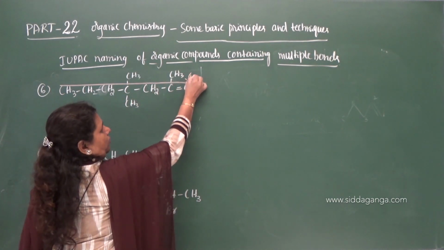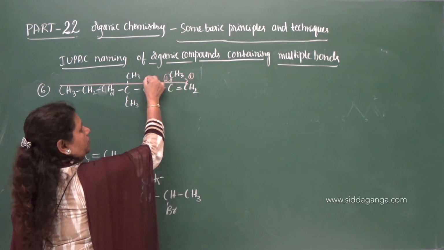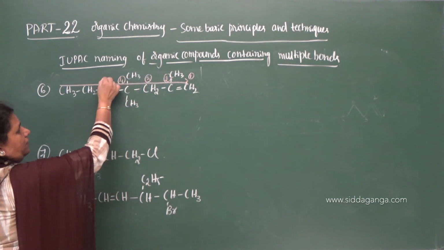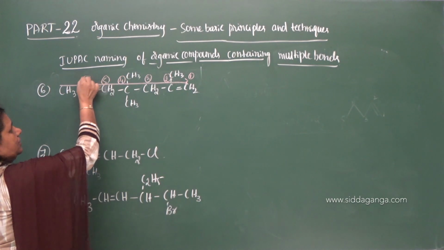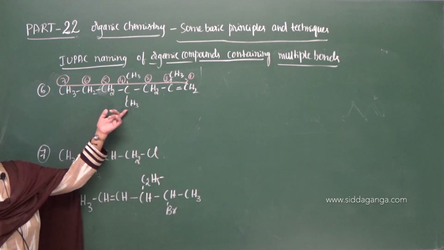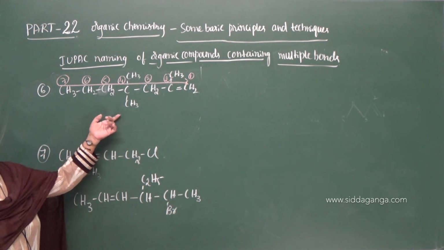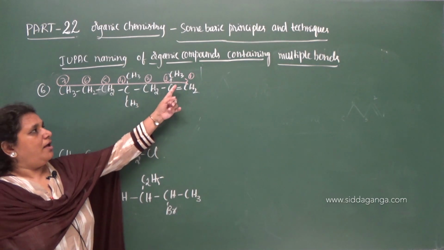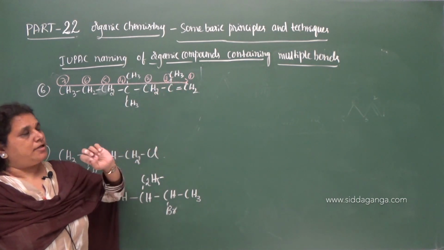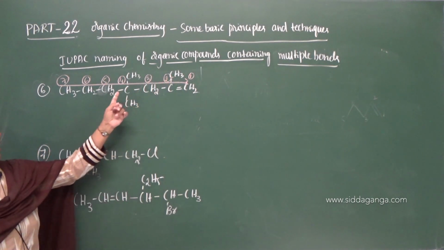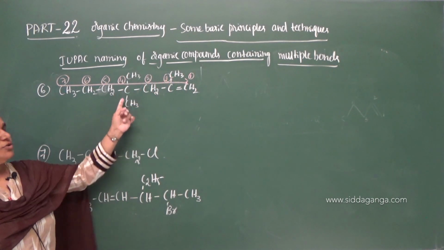You give the number 1, 2, 3 and 4, 5, 6, 7. The selected parent carbon chain contains 7 carbon atoms here, and we are giving preference for the multiple bond by assigning the lowest possible number, and on the second carbon we have 1 methyl group, and on the fourth carbon we have 2 methyl groups.